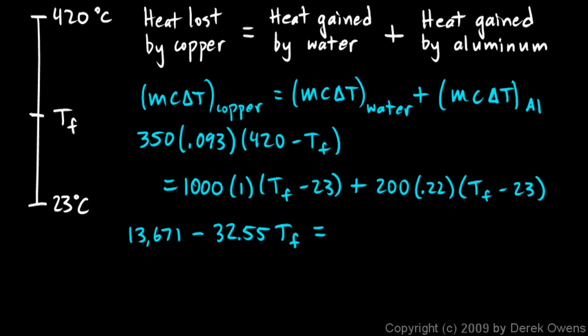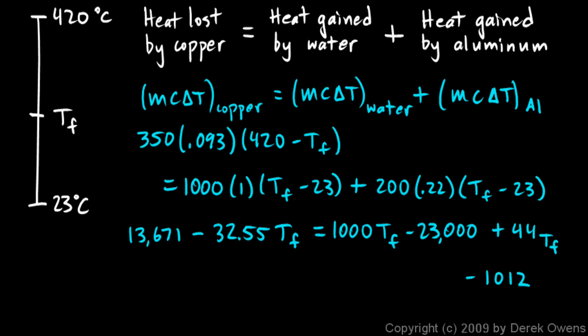That equals, this part's fairly easy, 1,000 TF minus 1,000 times 23. So that's 1,000 TF minus 23,000. And then we have plus 200 times 0.22 times TF minus 200 times 0.22 times 23. And that comes out to plus 44 TF minus 1012.